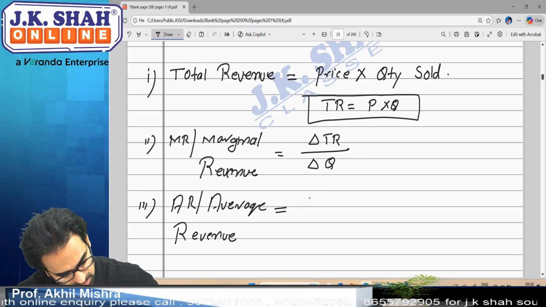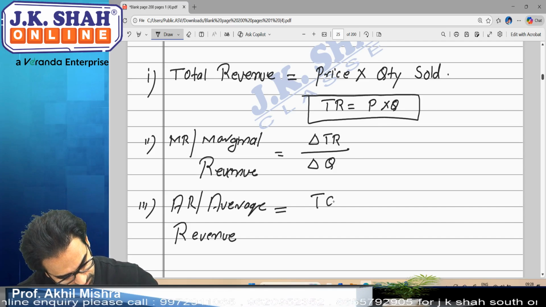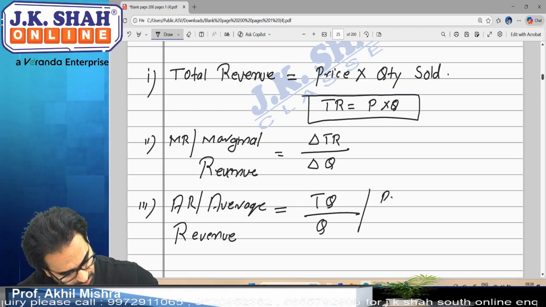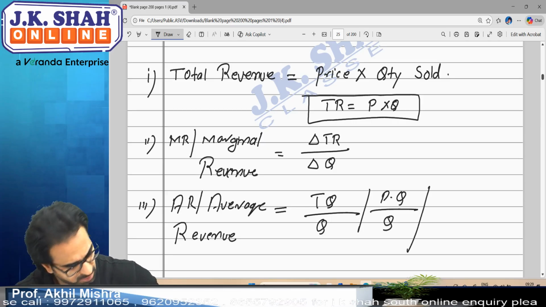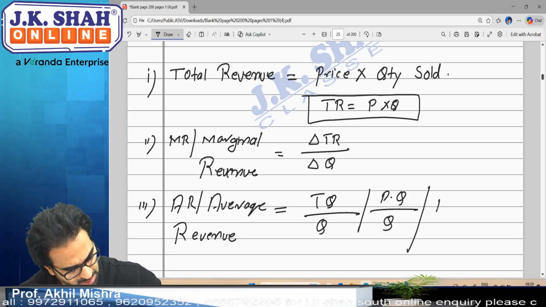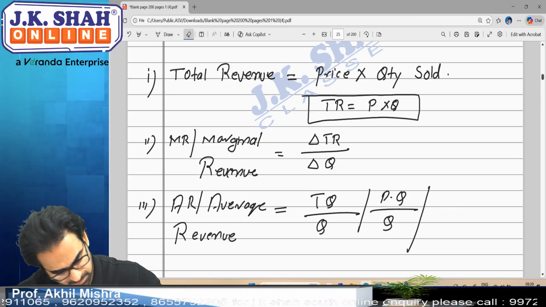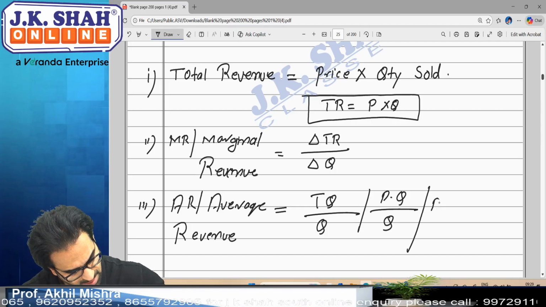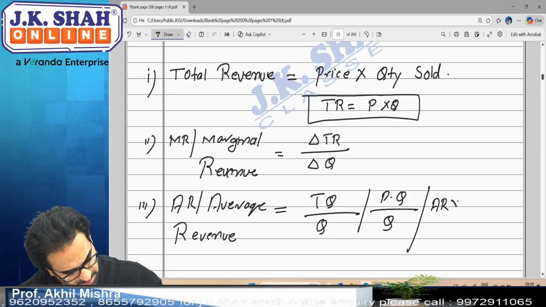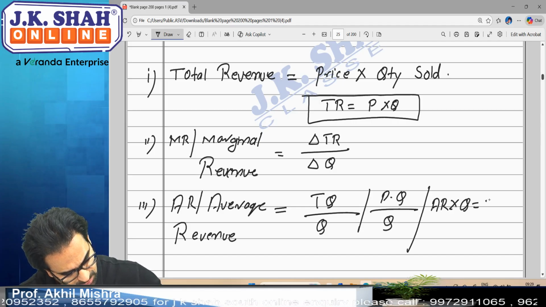Average revenue is total revenue by Q. The same thing will work. You can write P into Q by Q. If you have AR and multiply AR with Q, average revenue into Q, you will get total revenue.